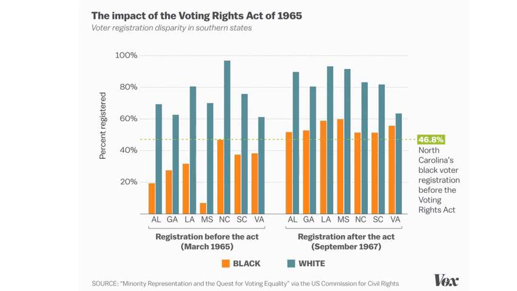This chart is very useful, I think, for showing you how effective the Voting Rights Act was. On the left, you see black and white voter registration in 7 southern states before the Voting Rights Act. And then on the right, you see voter registration, black and white, after the Voting Rights Act. First, look at the orangish bars, and you can see the black registration just skyrockets.